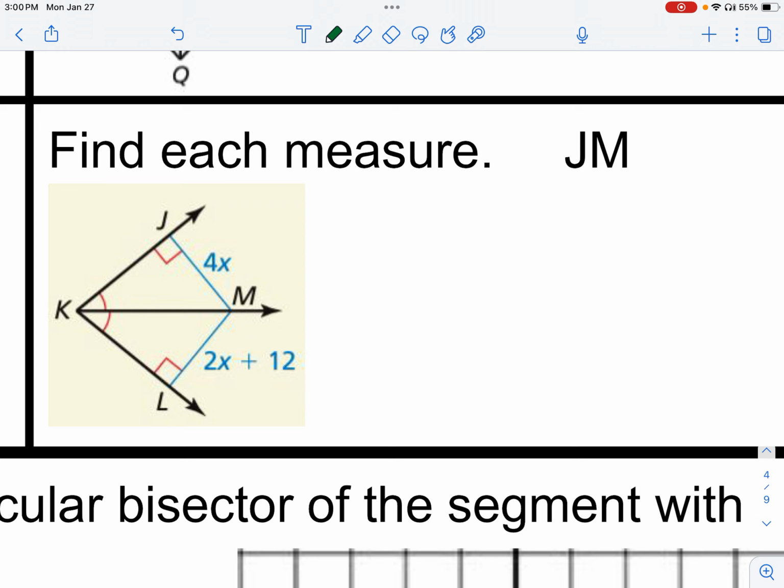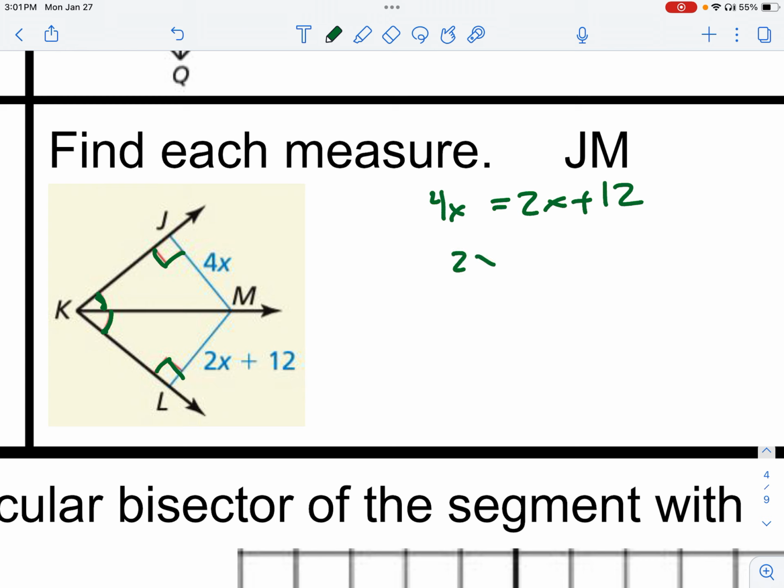All right. Here we want to find JM. And we've got an angle bisector. We're measuring it at the perpendicular. So 4x is going to equal 2x plus 12.